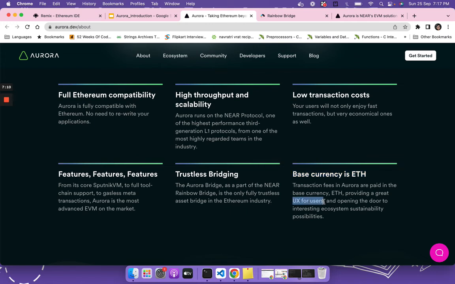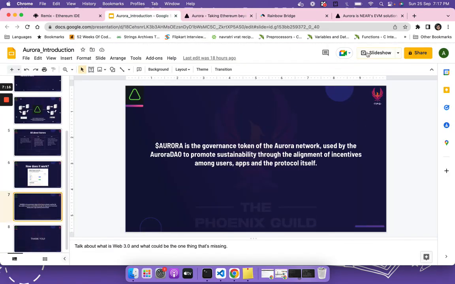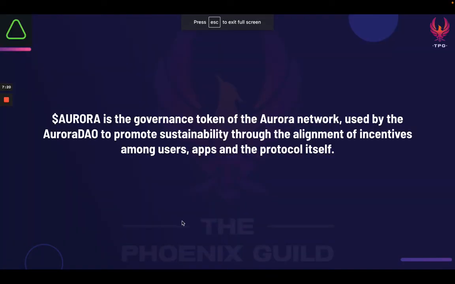Having said that, I'm also going to introduce you very briefly to the Aurora token. The idea of the Aurora token is to use it for the governance of the Aurora network. The Aurora DAO is basically created to promote sustainability through the alignment of incentives amongst users, apps, and the protocol itself.